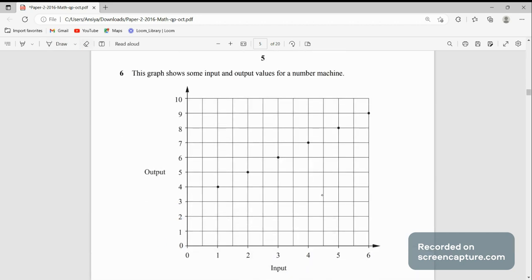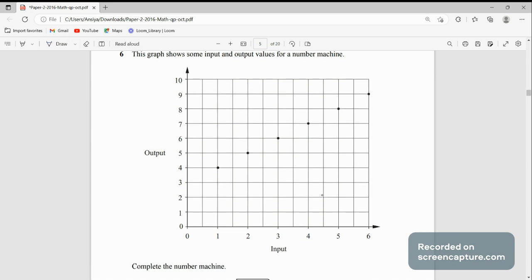Next one. Big topic, but just one mark. Okay, so be careful. This graph shows some input and output values for a number machine. You have learned in ICT, in computer, what input and output are. The value we are giving is input, and the value we are getting is output.